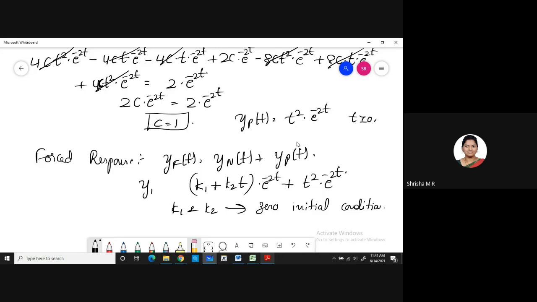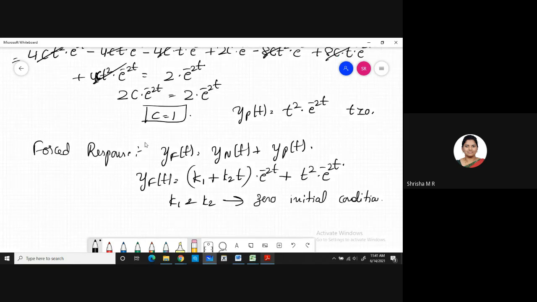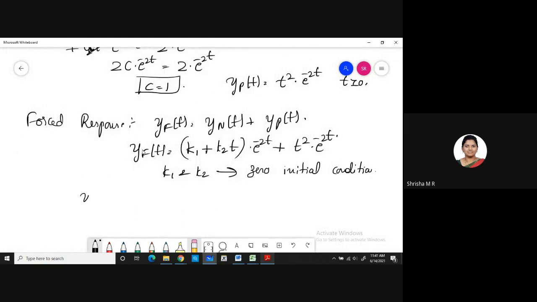So this is yf of t. Now you substitute t equal to 0 in this. So yf of 0 would be, if you substitute t equal to 0, you will get k1 is equal to 0, right? This is equation 3 you can take.